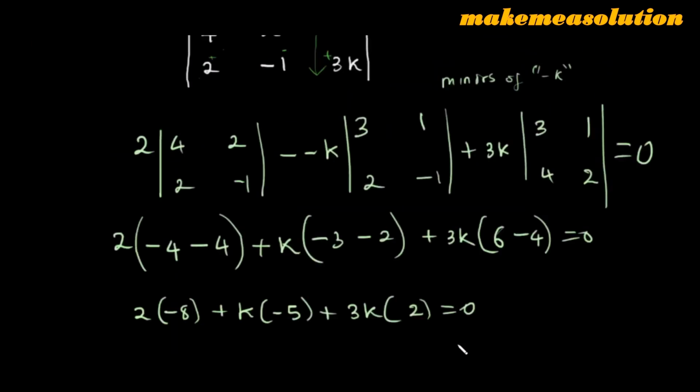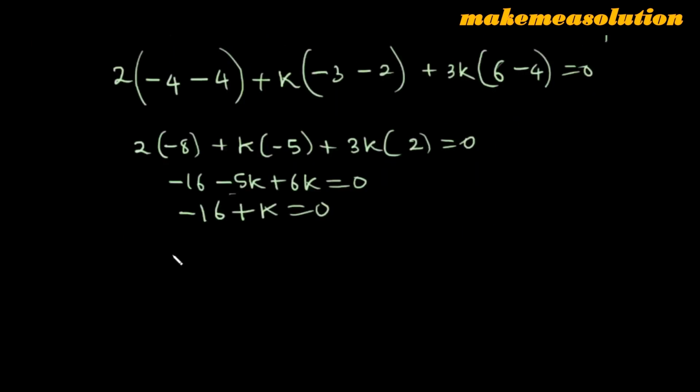If you solve, you're going to have minus 16 minus 5k plus 6k equal to 0. On solving, minus 5k plus 6k is plus k. So minus 16 plus k equal to 0, the implication is that k is equal to 16.